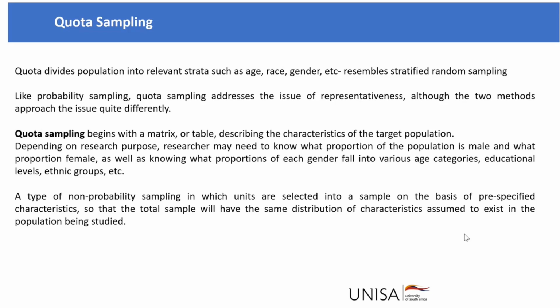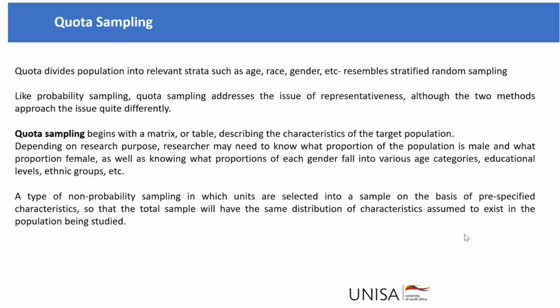So basically you make sure that each unit of the population is sampled into the study as part of the quota. And if it's not there, you deliberately go out and identify that quota and bring it into the sample, in order for the sample to mirror the population, if you like.